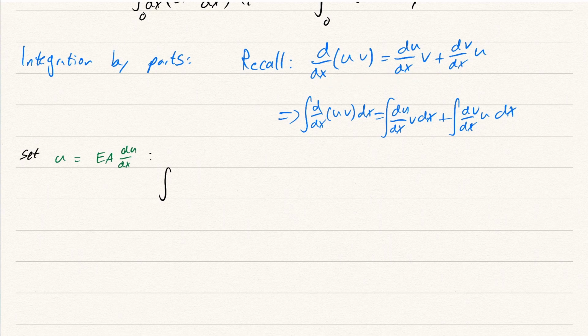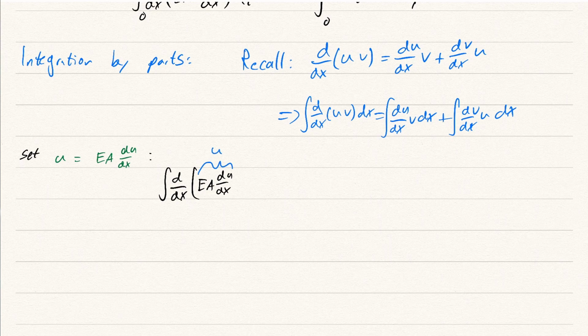Okay, so we have du dx, or rather d dx of u, which is EA du dx. I'm going to make it like this in blue.